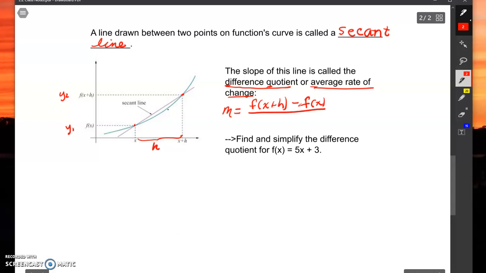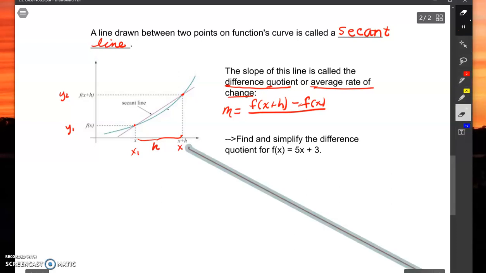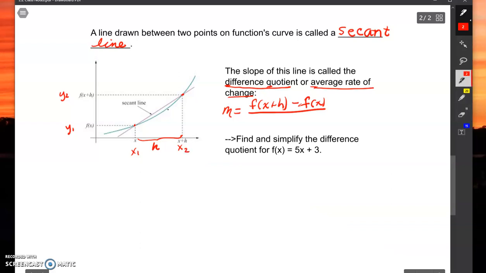And then in the denominator, we're going to subtract our x's, and our x1 is x, our x2 is x plus h. So in the denominator, we get x plus h, that's our x2, minus x. And what do you notice? Here in the denominator, we have x minus x, so those can cancel out.